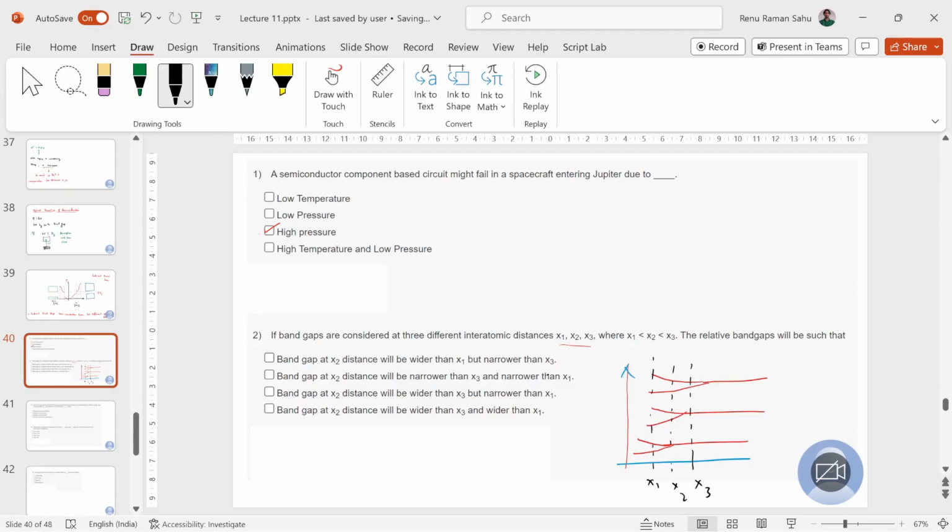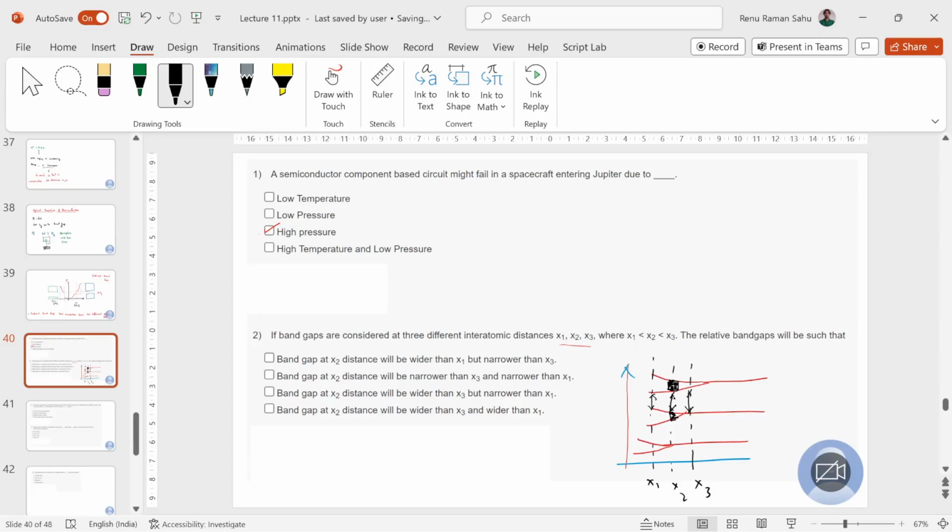Relative band gaps will be such that the band gap at distance x2 will be wider than at x1. This is the band gap at x2, this is the band gap at x1, and this is the band gap at x3.